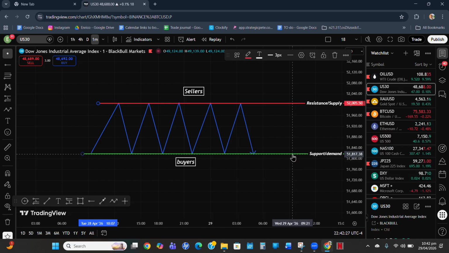Green line, our support. The top is our resistance. You can take buys from a support and you can take sells from a resistance, right? Very simple. That is a support and this is a support and this is a resistance.